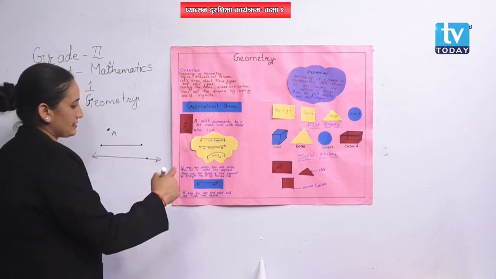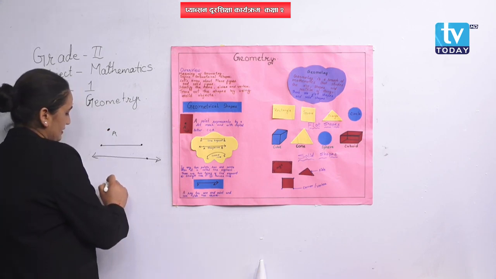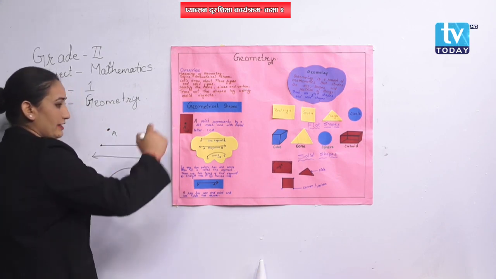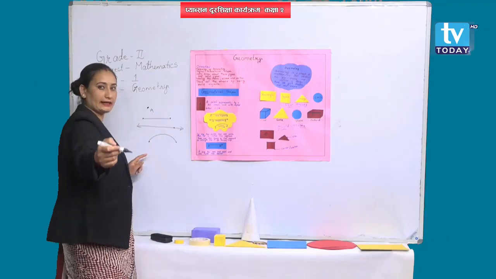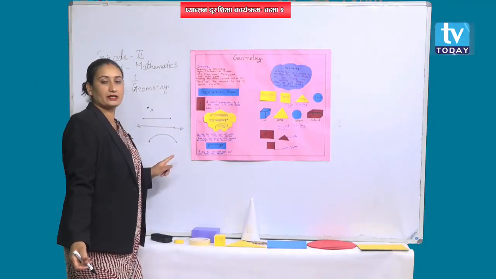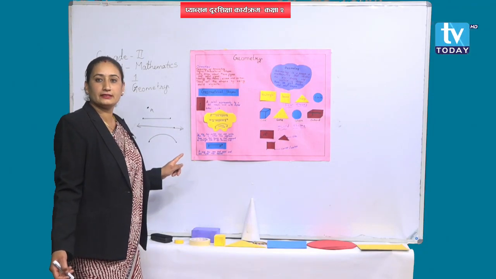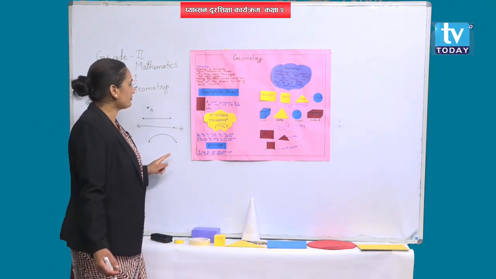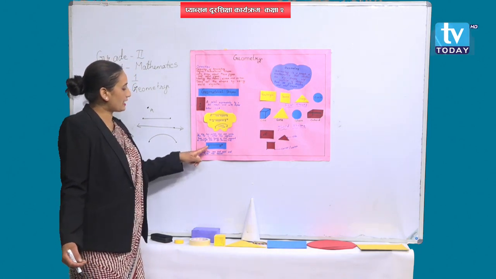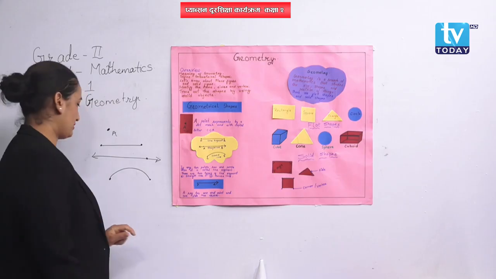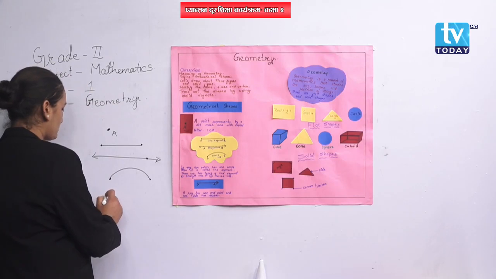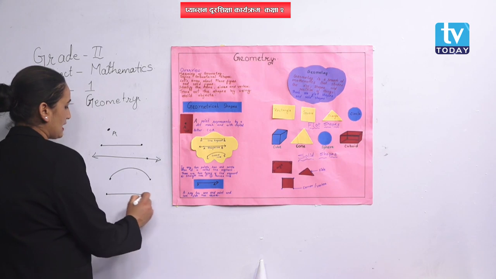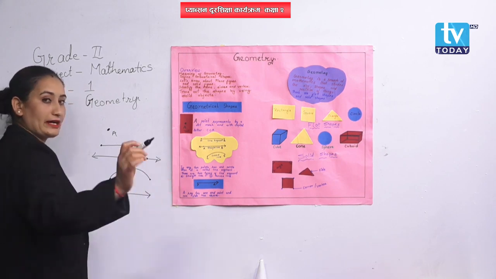Now next is another line starting from one point and moving to another point without making a straight line. That type of line we call a curved line. Fine, good job. Now next, after that, a ray. Sunlight comes from the sun from one single point and gives us light in different points, right?